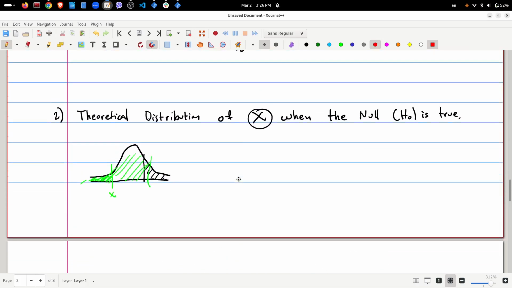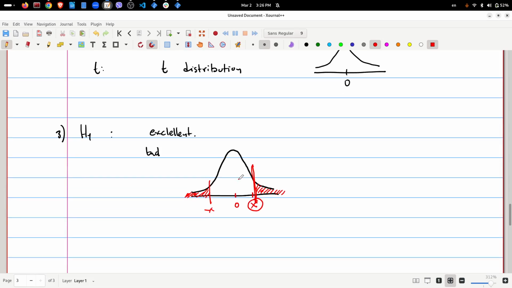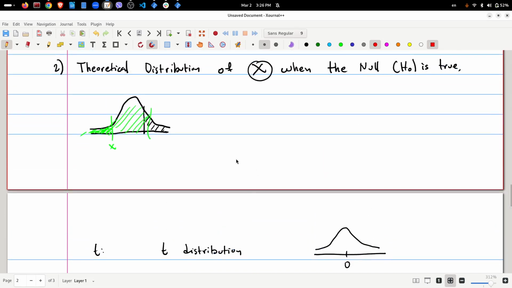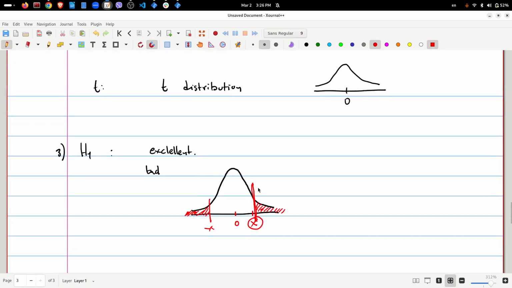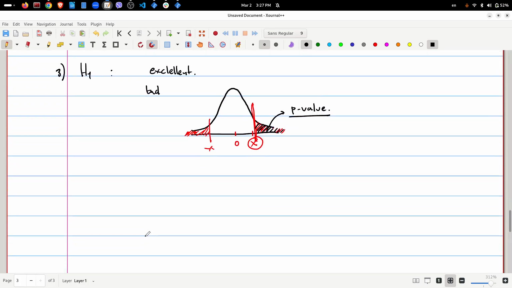So based on this H1 and the null and this distribution here and this distribution here, I can calculate the p-value. I can calculate this area, let's say, which has a special name. It's called the p-value. So 4 is calculate the p-value.